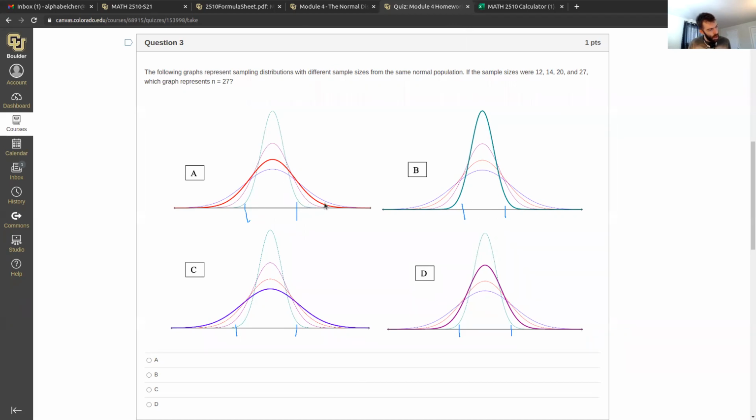There's a lot more left on the outside, a lot more in the tails, which means that the smallest sample size is going to be this guy, whereas the sample of size 27, the largest sample size, will be the one with the most area, because we expect the average of a sample of size 27 to have a higher probability of being at the population average, of being right within that window.